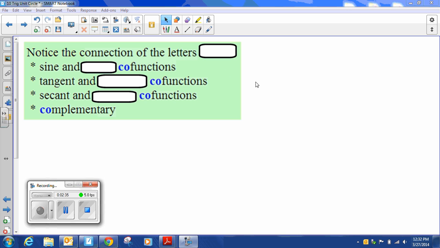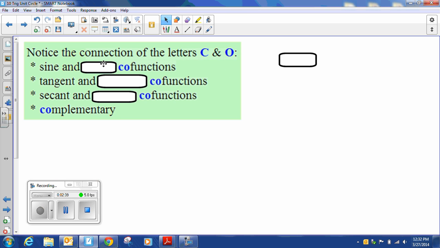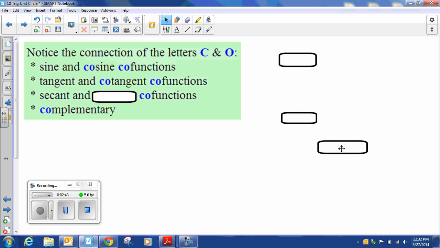And a nice way to memorize this is using the letters C and O, because sine and cosine are cofunctions, tangent and cotangent are cofunctions, and secant and cosecant are cofunctions. And cofunctions basically are complementary, right? Cofunctions of complementary angles are equal.